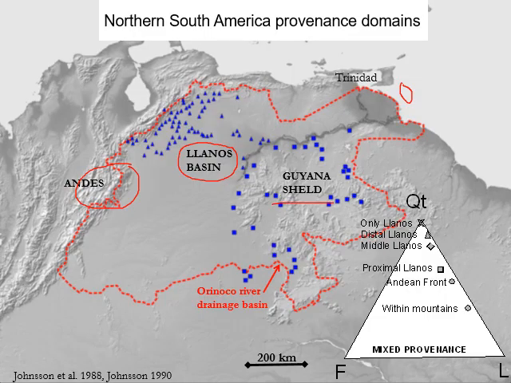You can see from this QFL plot a lot of the sandstones that have been sampled within the Llanos Basin, very close to the Llanos Basin. As I said earlier, very mature mineral assemblage. Whereas as you move away from the Llanos Basin into the mountain front, you begin to get an enrichment of lithic fragments. Again, those things are very typical of this particular domain.